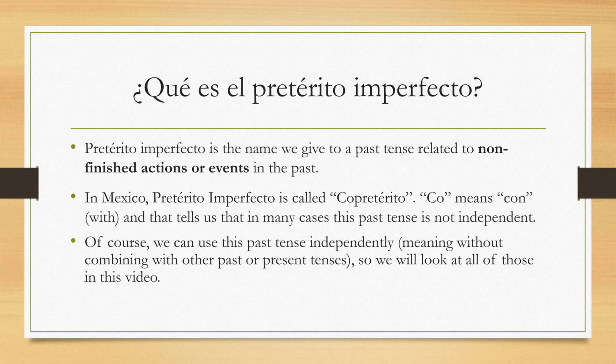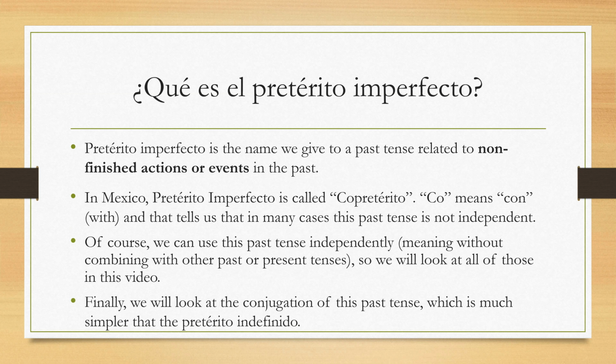Of course, we can use this past tense independently without combining it. So we will look at all of those, the independent and the non-independent uses of pretérito imperfecto in this video. We finally will look at the conjugation of this past tense, which, if you remember, is much simpler than pretérito indefinido.